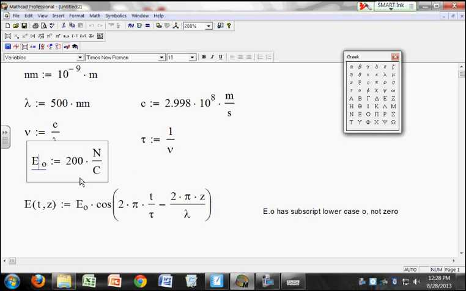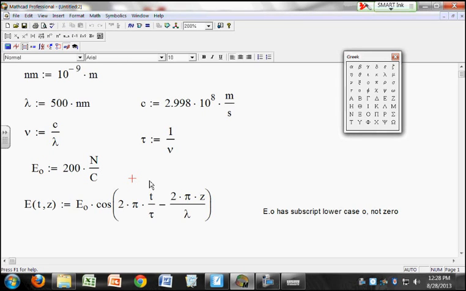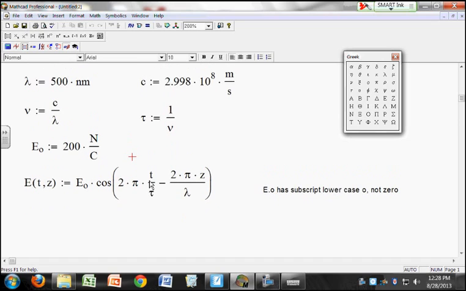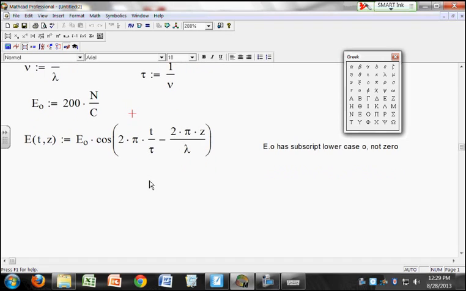Alright, so now it knows everything that it needs to calculate the electric field wave. So what do we do now? Let's plot that. How do I plot it? I have to define a range of values for my independent variable to plot.